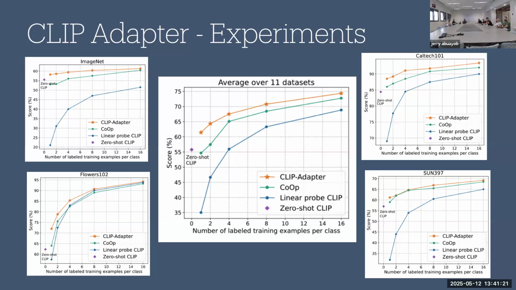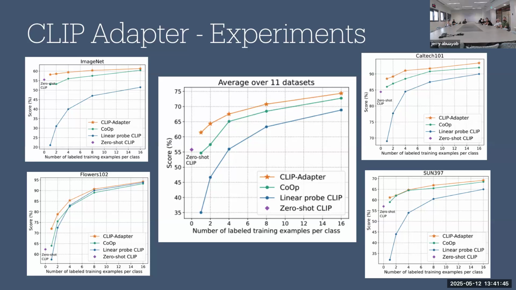But in Caltech 101, it's more. For ImageNet, it's a 27% boost, but it looks like 5% or something.